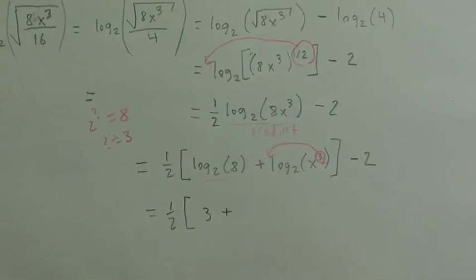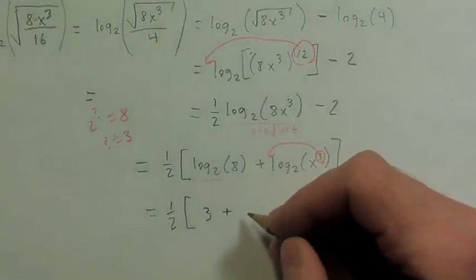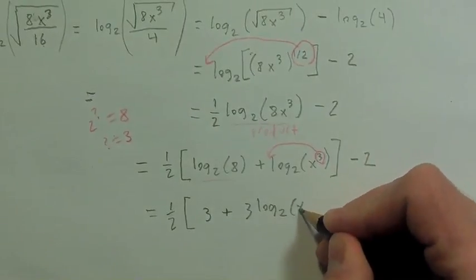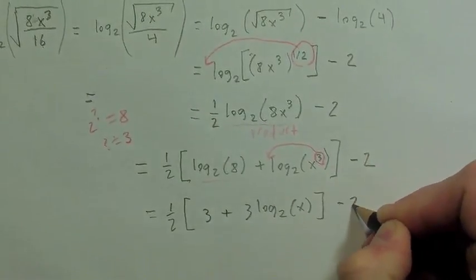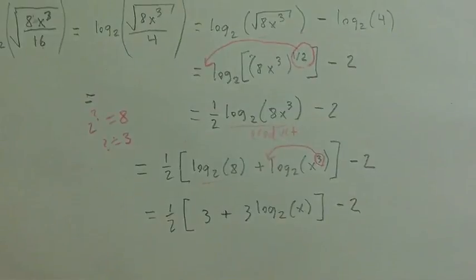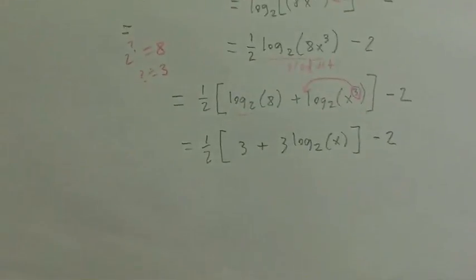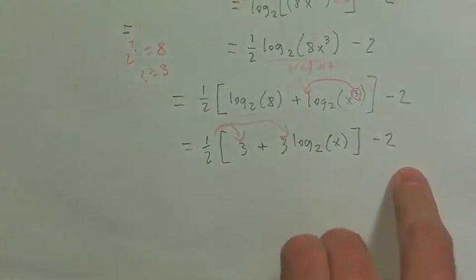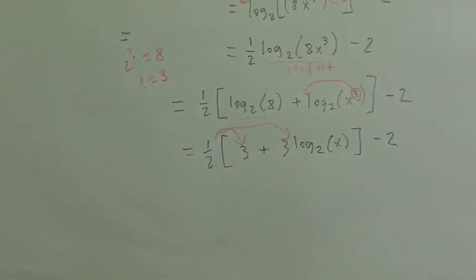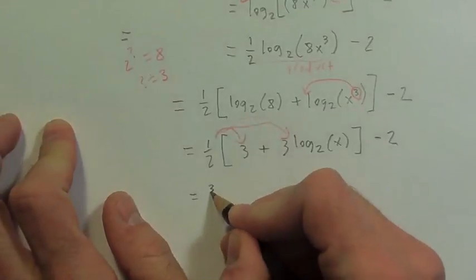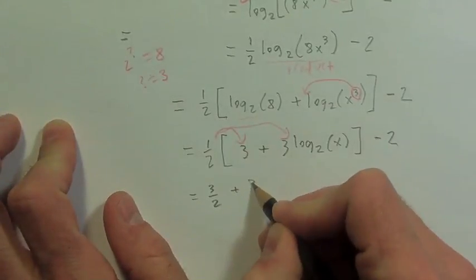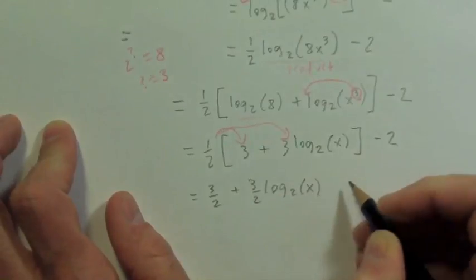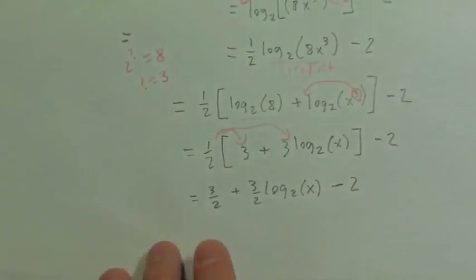Okay, so I have 1/2 times 3 plus 3 times log base 2 of x, and this whole thing minus 2. Okay, now all we'll do, distribute this 1/2, do our final simplification, and we'll be done. So this will be 3/2 plus 3/2 log base 2 of x minus 2.